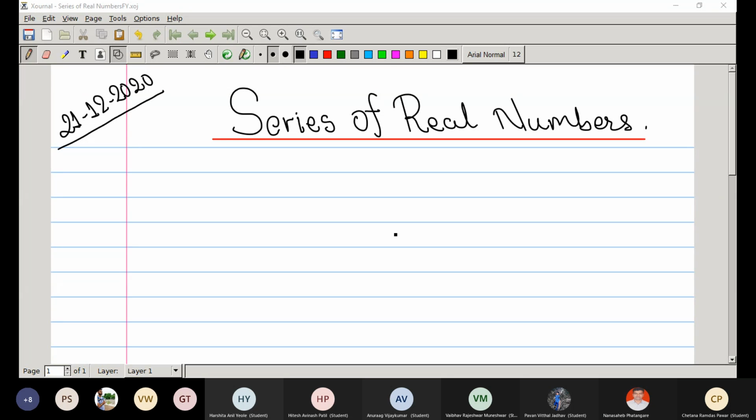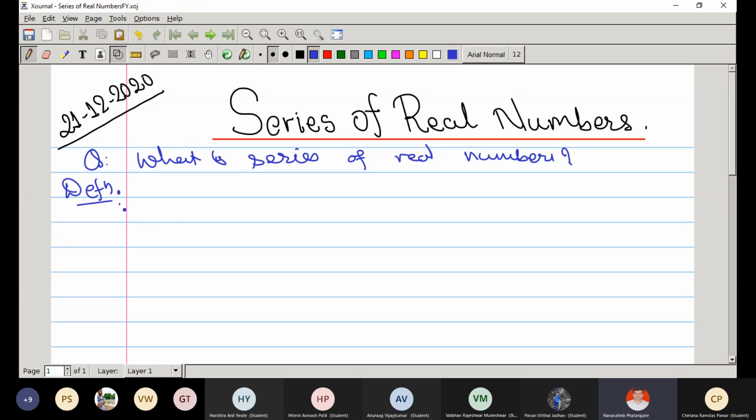So we will discuss series of real numbers. Basically, this series of real numbers. So if you have infinitely many numbers, just add them.